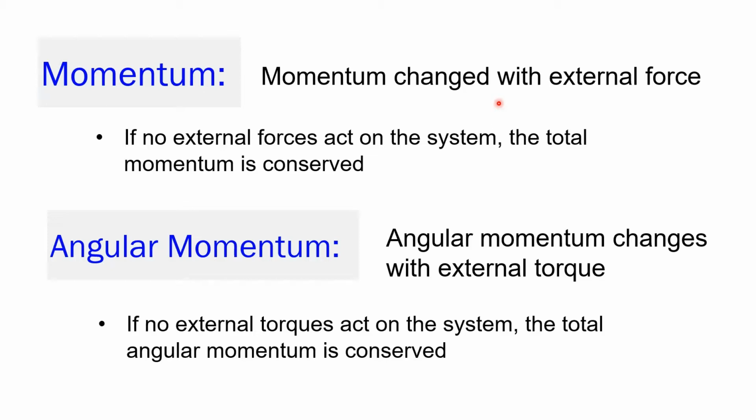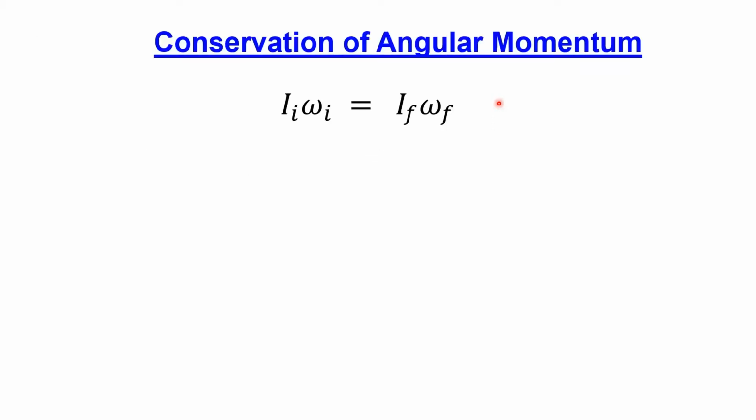We're going to take more of a conceptual approach, and let's just focus on situations in which angular momentum is conserved. So that means there's no external torques that would cause our angular momentum to change. So in that case, whatever you started with, our initial angular momentum, should be equal to whatever you end with. That's our final angular momentum.